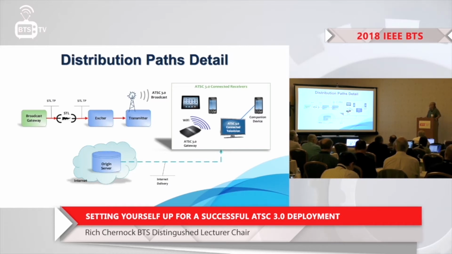You know, little things like SFNs. I just lost the acronym. SFNs are a big part of the picture now. The system is designed to allow relatively easy implementation of SFNs. The STL has to allow for all the information to get to all the transmitters at the right time in an SFN environment. Lots of other things.